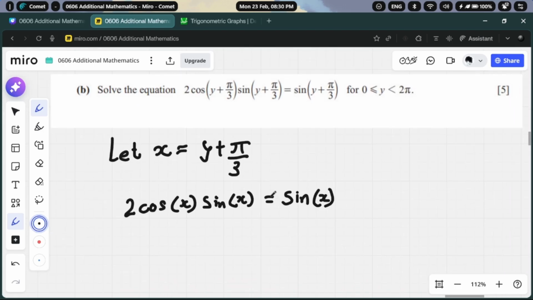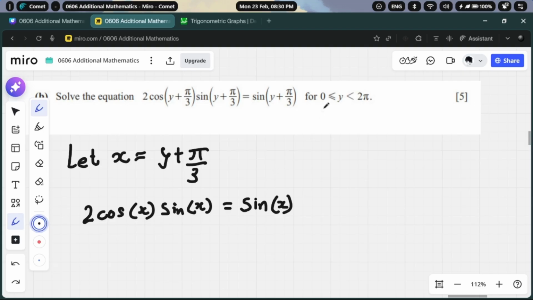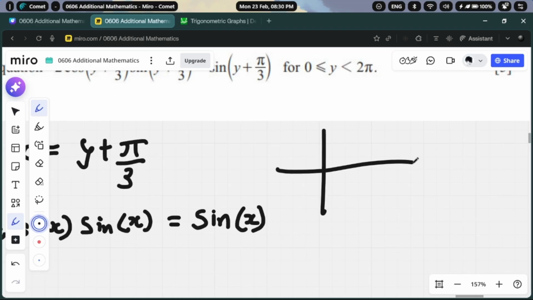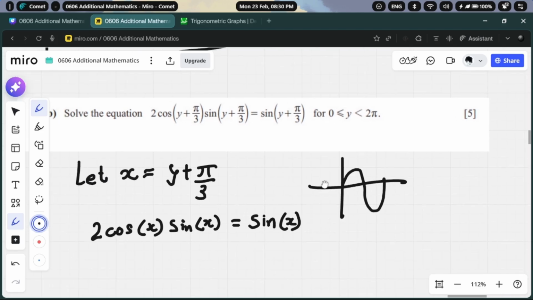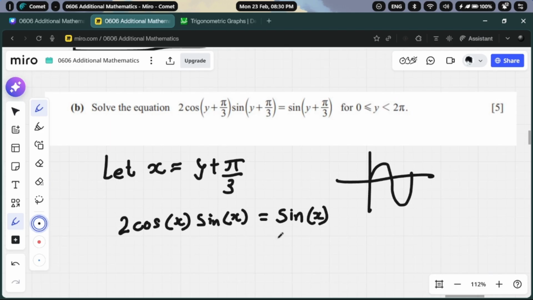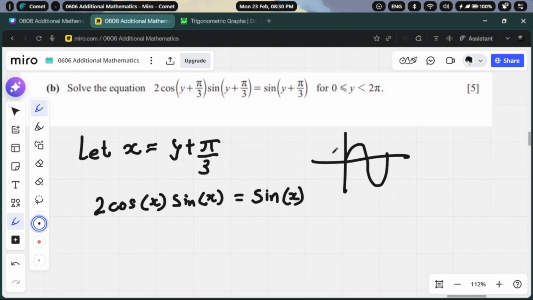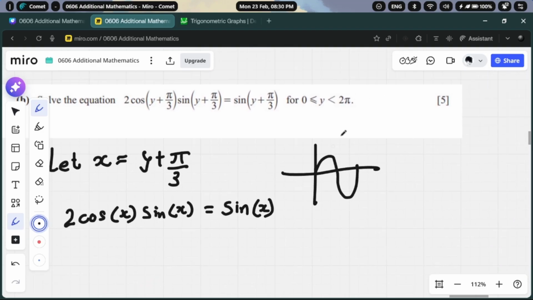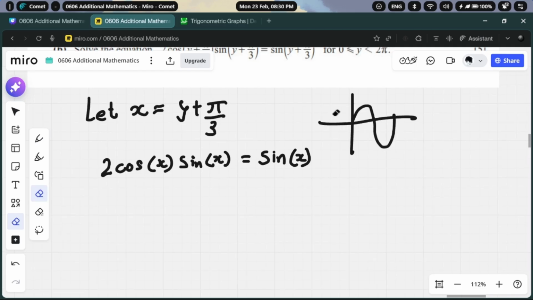Once again, please do not cancel out these two values right away, because you are going to lose solutions in this case, because it's a sine x graph from 0 to 2 pi. You can potentially lose two solutions. So you would actually lose around 1 to 2 marks. So first of all you have this.